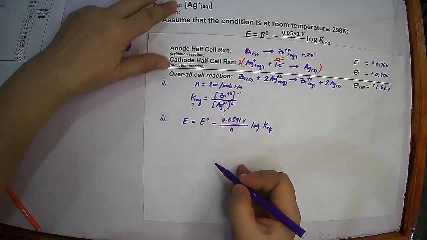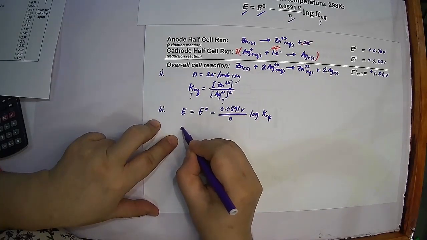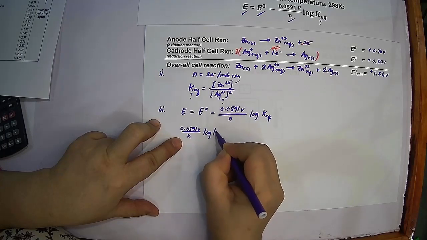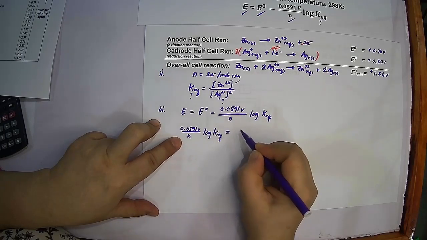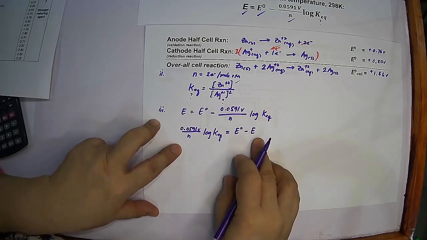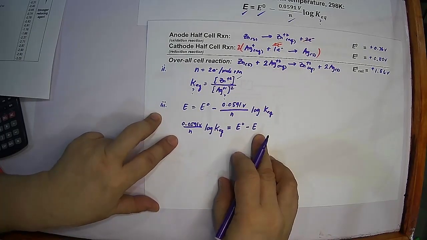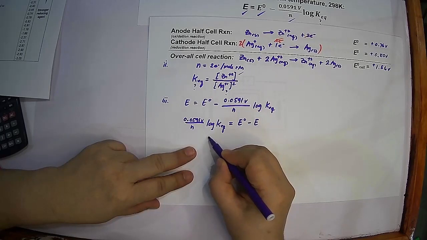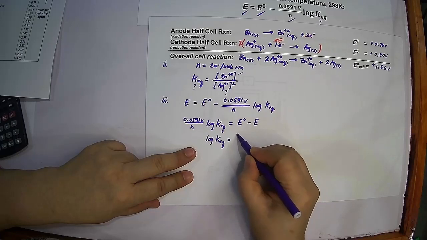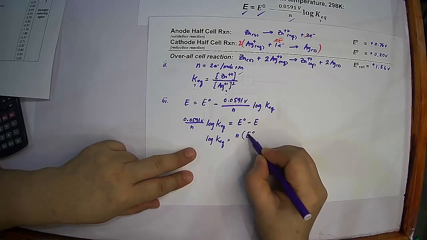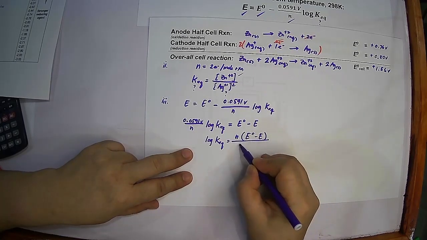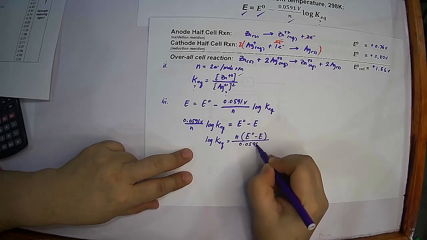So you can have 0.0591 volt over n, the log of Keq, equal to the potential at standard minus the non-standard potential. To solve for the log of Keq, we have n times the difference between the standard and the non-standard potential over the factor 0.0591 volt.